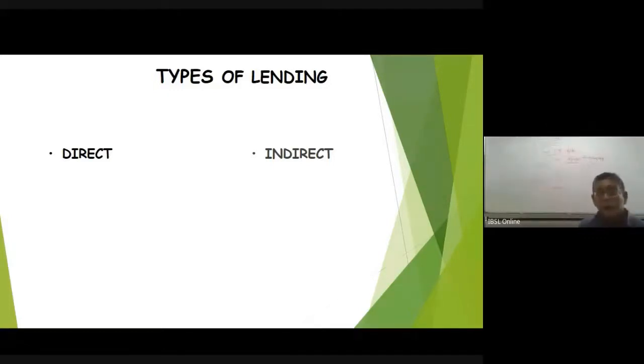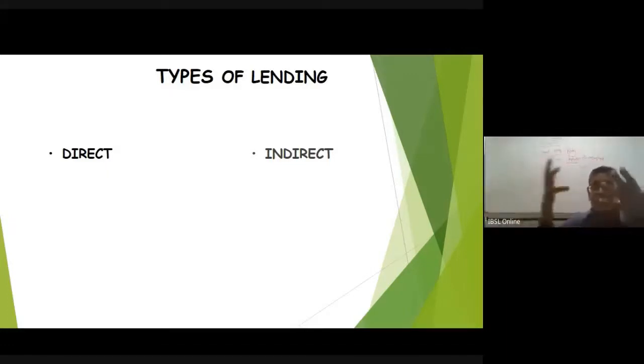Now, first remember the two things in your handout: direct advances and indirect advances. We better talk about direct lending and indirect lending. So what are the two types of lending? Direct lending means usually the money or cash is going out from the bank.